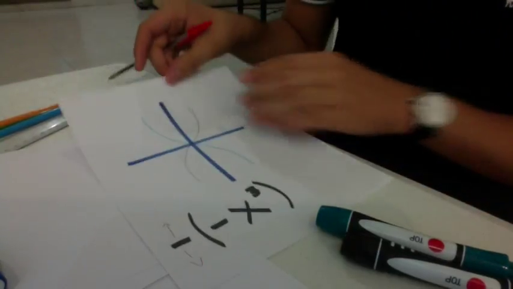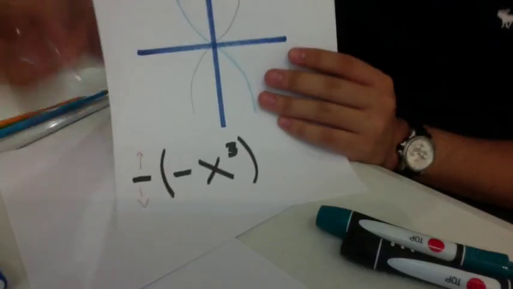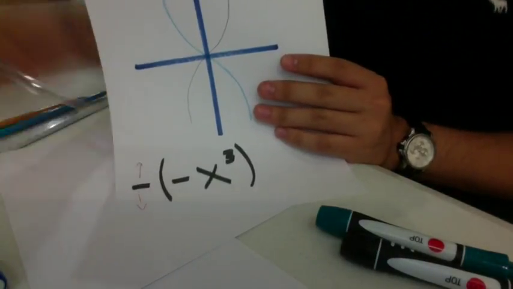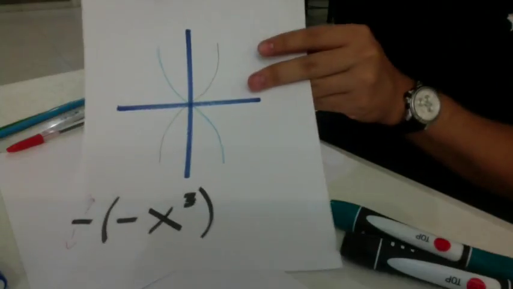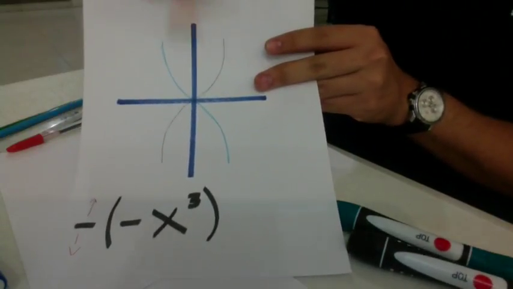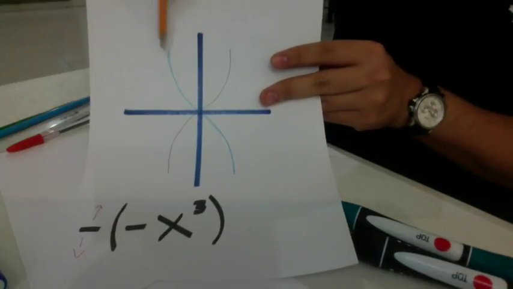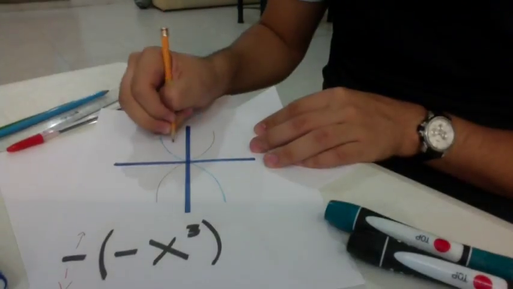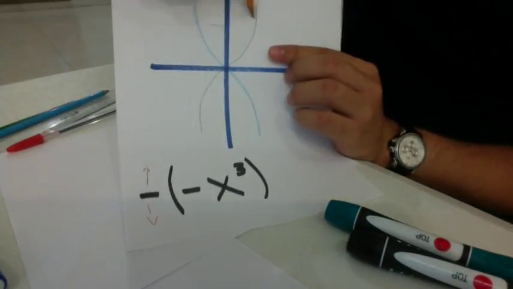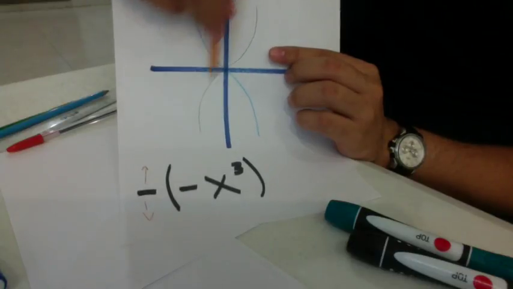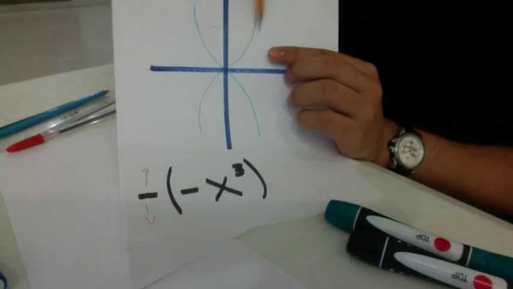And when we are going to tag the inside sign, it means that everything we are going to pass to the other side, but just to the right or to the left. In this case it's in the left, so it passes to the right, so it's going to be the same graph.